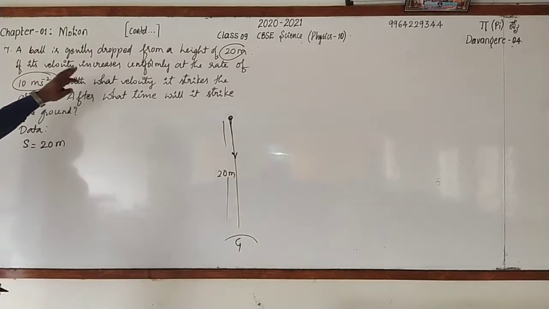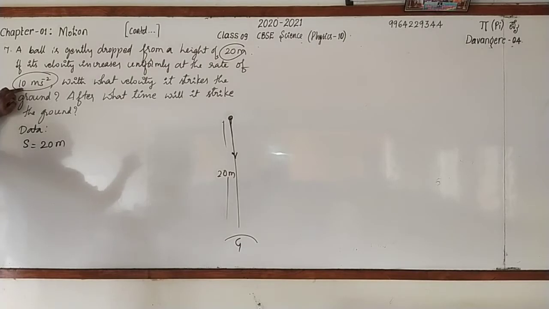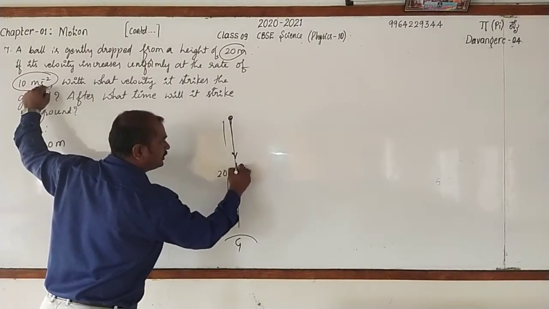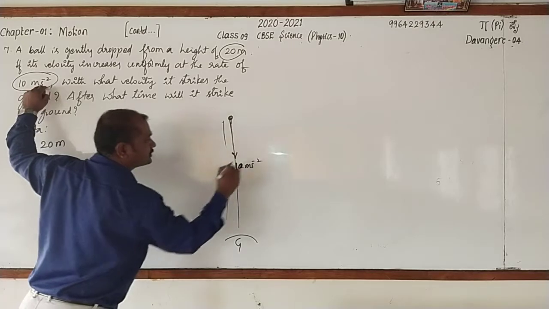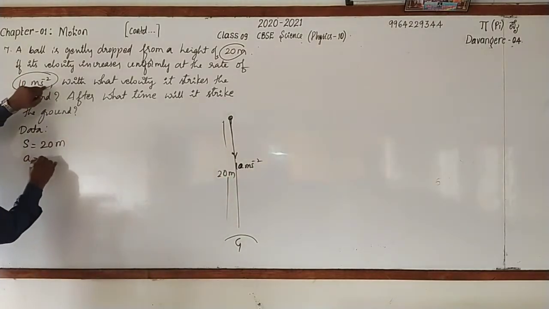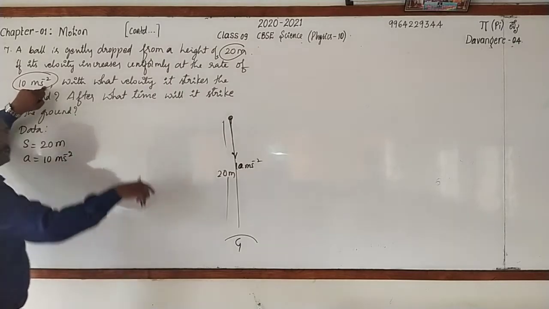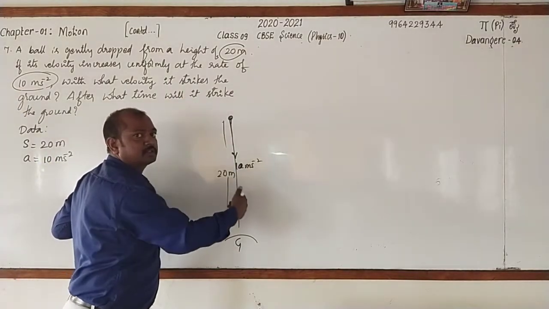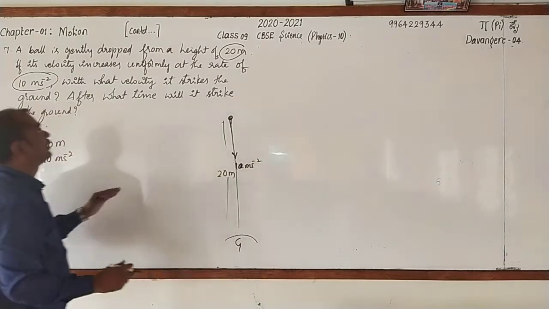If its velocity increases uniformly at the rate of 10 meter per second square, velocity with respect to time is nothing but acceleration. It is falling with an acceleration of 10 meter per second square. I can write A equal to 10 meter per second square. Whether it is positive or negative, it is positive because the velocity will be increasing every time.